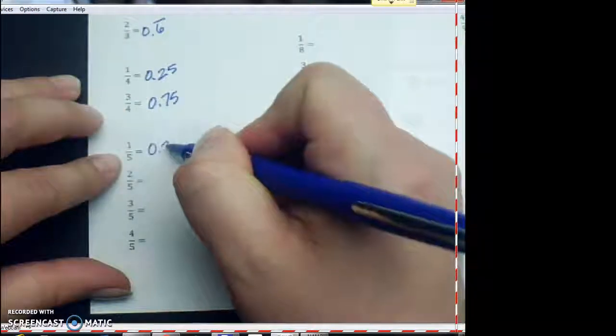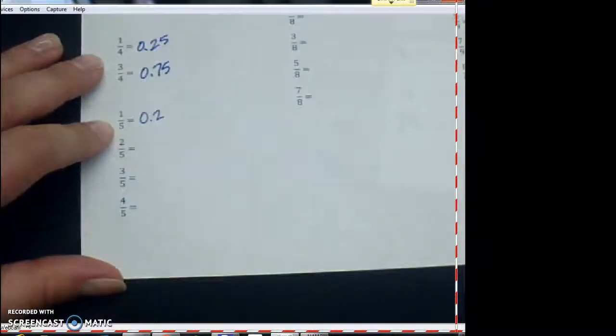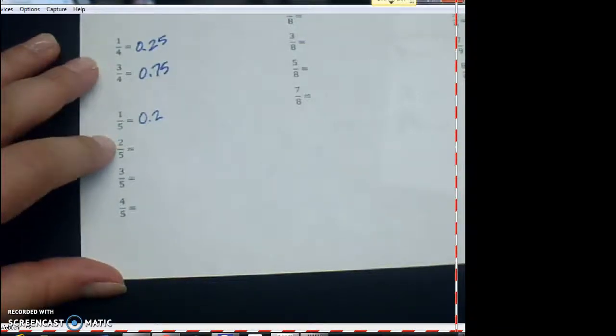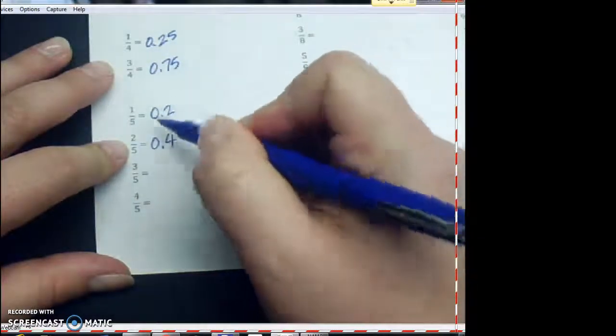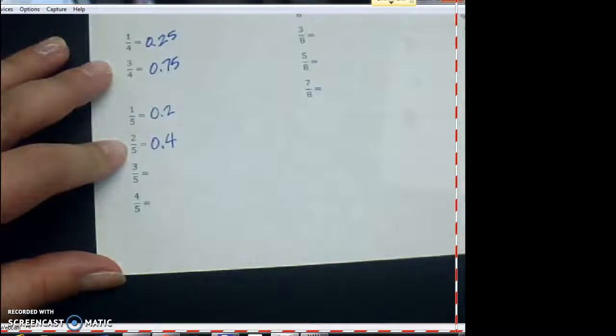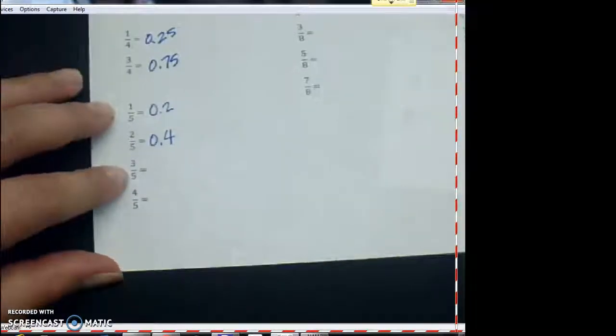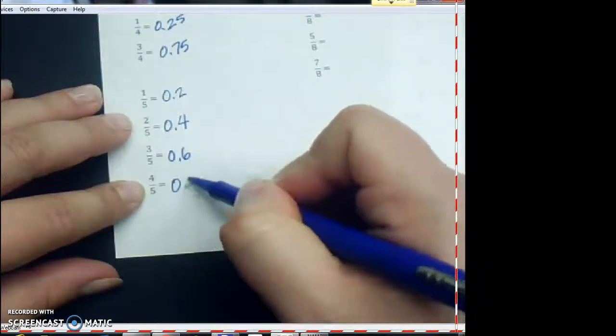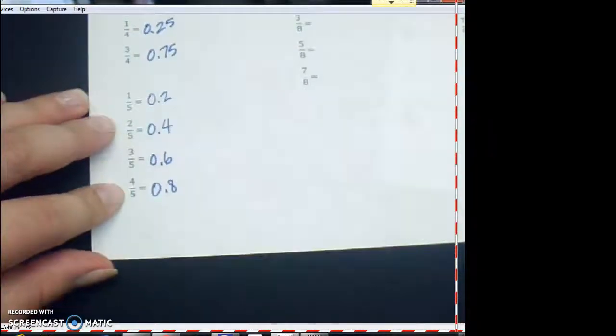So 1/5 is 0.2. It's 20 cents. How about 2/5? 0.4. It just goes up in increments of 20 cents. So 3/5, 0.6, and 4/5, 0.8.